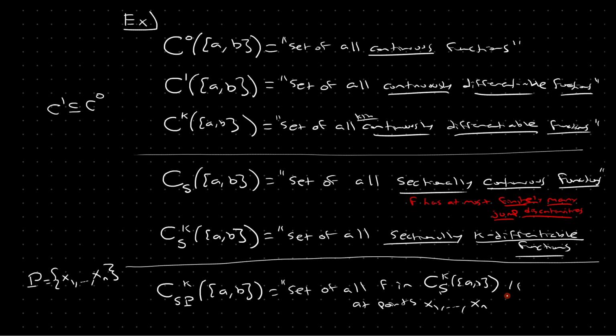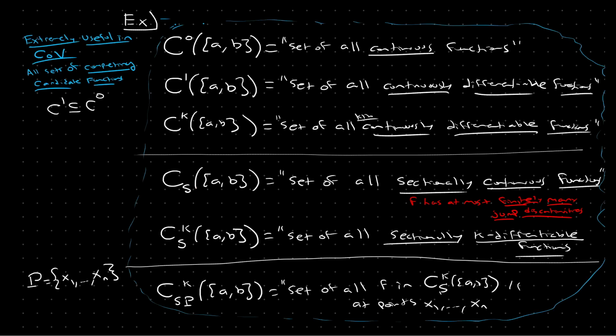So you can see that these sets are subsets of the previously defined sets. All of these vector spaces are very useful and will be extremely useful in the calculus of variations, mainly because these are all examples of sets of competing candidate functions for which we might want to try to maximize or minimize a functional.